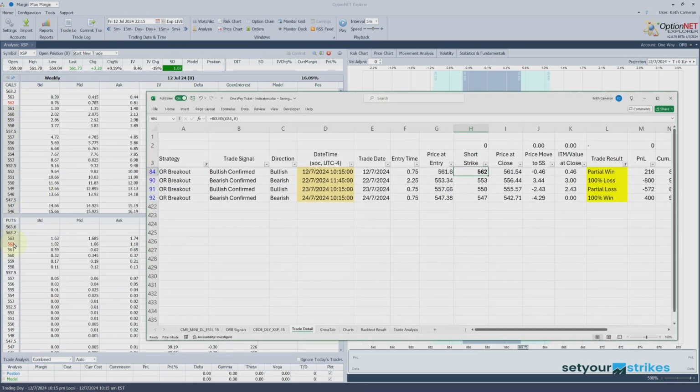OptionNet Explorer marks your at the money strike in red, so we can say that actually is the at the money strike. And our price at entry is 561.60. We got 561.73. We're slightly off. I think it's just a difference, and this has data every 5 minutes, so this is price data coming from a different frequency, and I'm not really sure why it's different.